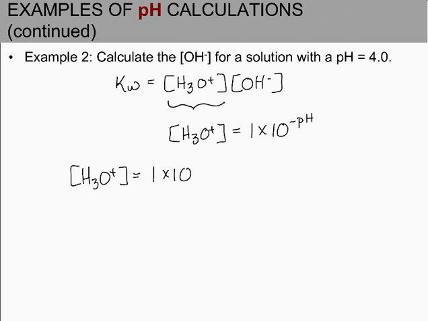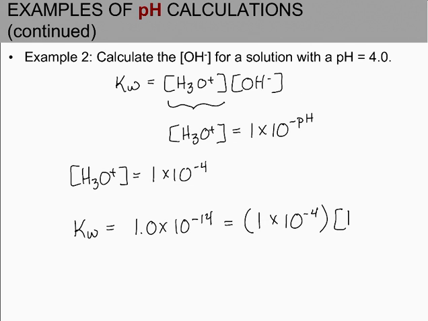So our pH value is 4, so we're going to put 1 times 10 to the negative 4th here. Great. And now we can plug that into our Kw, or ion product expression. So we know that Kw is equal to 1 times 10 to the negative 14th. And then we have our concentration of hydronium ions, and we're multiplying that by OH minus.